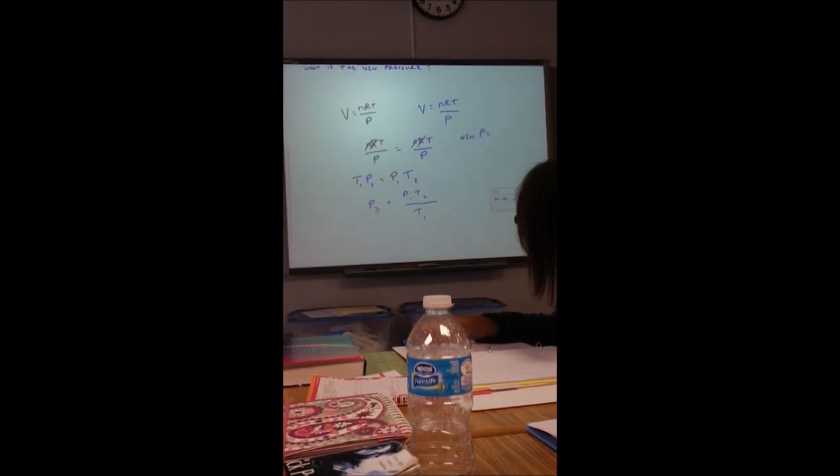Volume remains unchanged, R is the same for both, and it's a fixed quantity. So there are different ways of solving this, but just be aware that it's not always going to be, here's P, V, and N solved for T. There's going to be some higher level thinking involved in these problems.